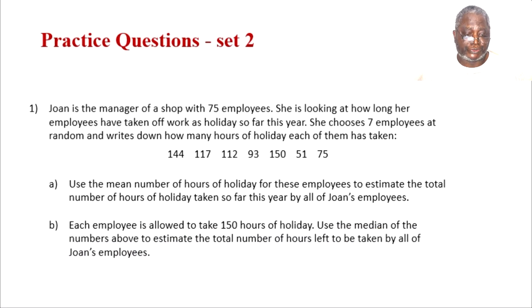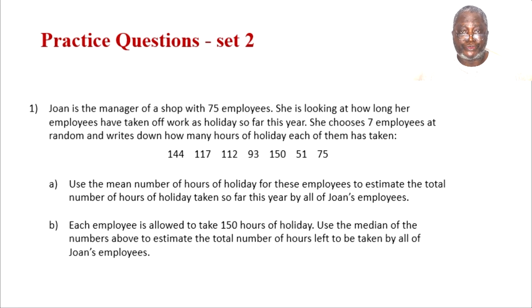Practice question set 2. Joanne is the manager of a shop with 75 employees. She is looking at how long her employees have taken off work as holidays so far this year. She chooses 7 employees at random and writes down how many hours of holiday each of them has taken.